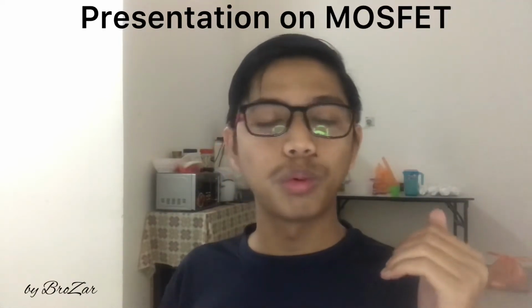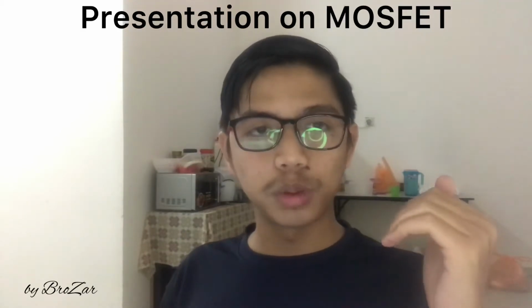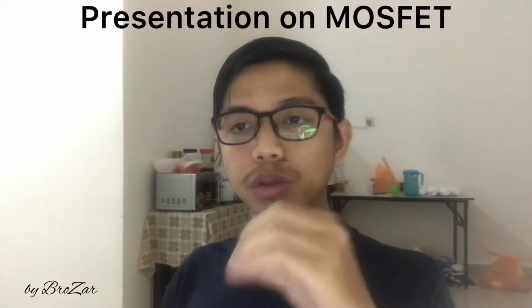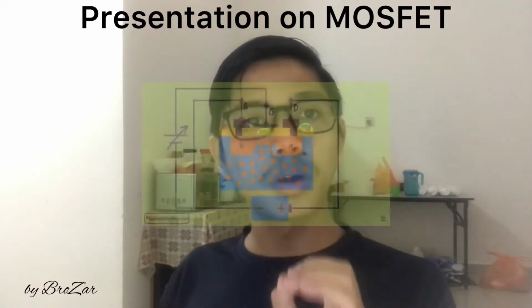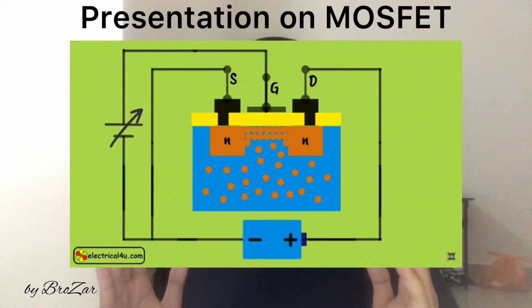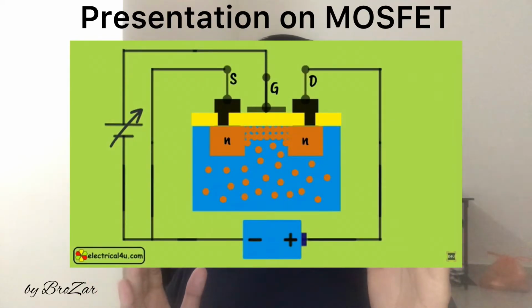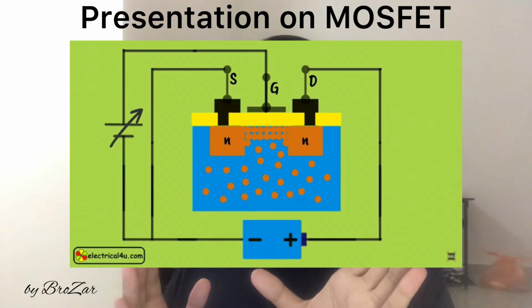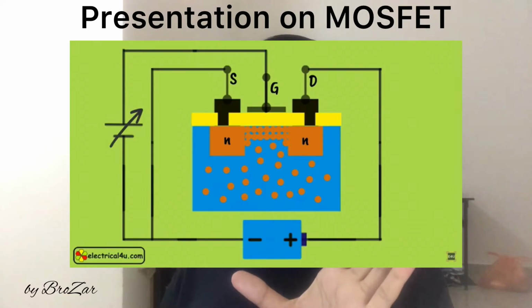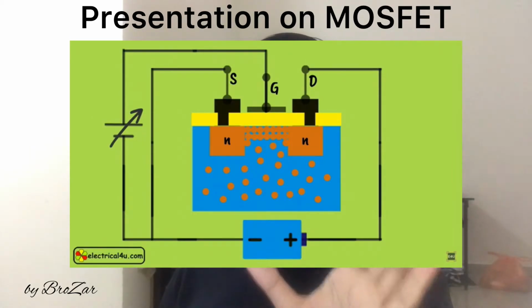When we connect the positive terminal with the gate, the electrons between the N terminals, connected to the source and to the drain, will come close to the gate terminal.